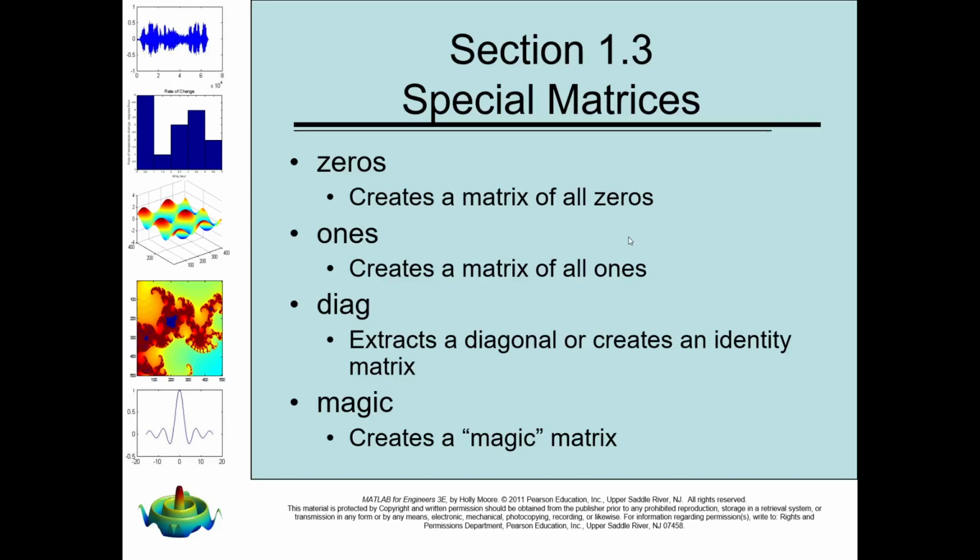Ones, sama macam zeros tapi dia akan create matrix of all ones. And diag ni atau diagonal, dia akan create a diagonal. It extracts a diagonal or creates an identity matrix. And magic akan create magic matrix. This is just untuk you punya knowledge je, untuk you tahu apa lagi built-in function berkaitan related to matrix.